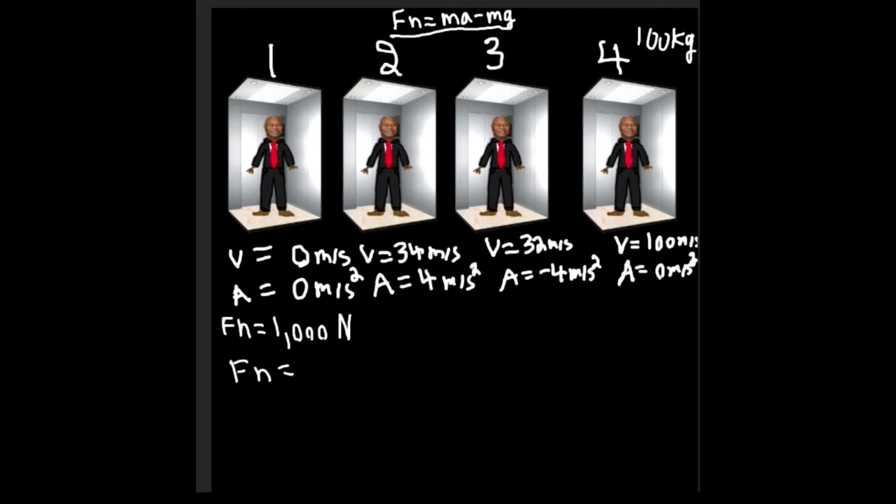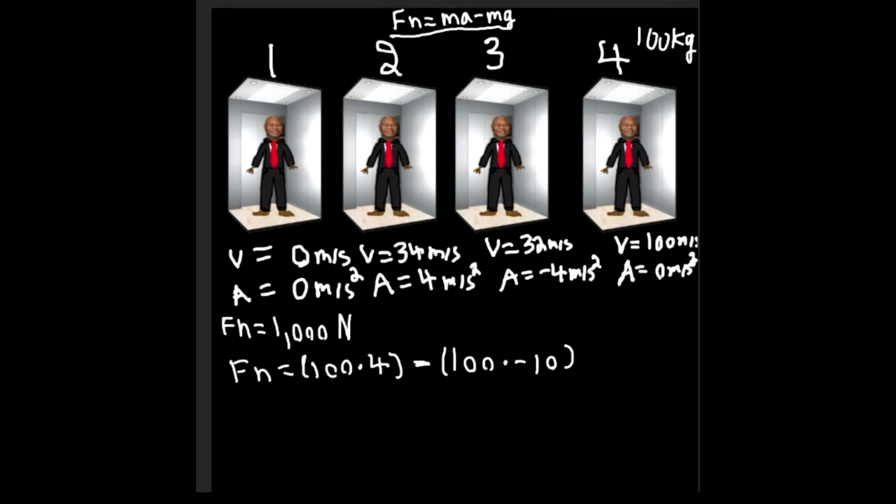So Dr. Mays is 100 kilograms in mass, so that would be 100 multiplied by 4 meters per second squared, which is the acceleration, minus the mass, 100 kilograms, multiplied by negative 10 meters per second squared, which is the acceleration of gravity on Earth.